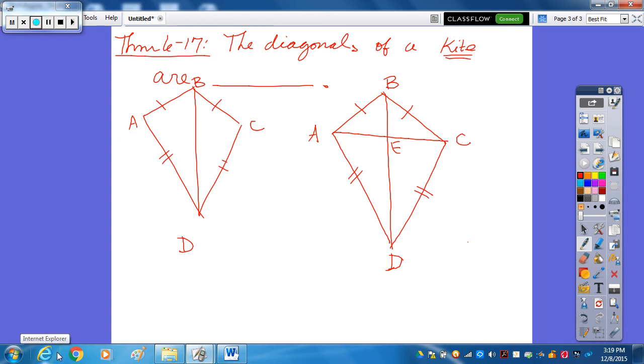Oop, I had no idea why that just moved like that. Technology is great. Anyways, what I want you to see is that these two triangles are congruent by side, side, side. And if that's the case, then this angle here is the same as this angle here, and this angle here is the same as that angle there. So I'm actually going to go ahead and put that down over here within this picture right here. Okay?